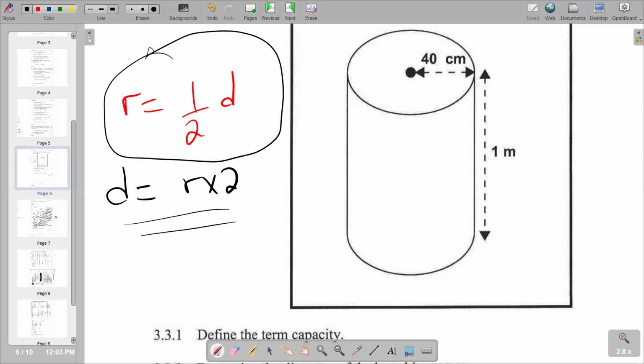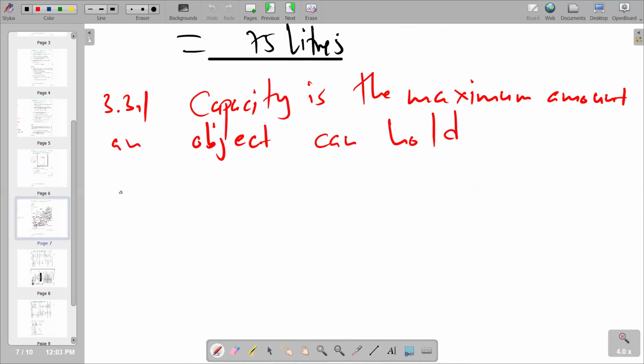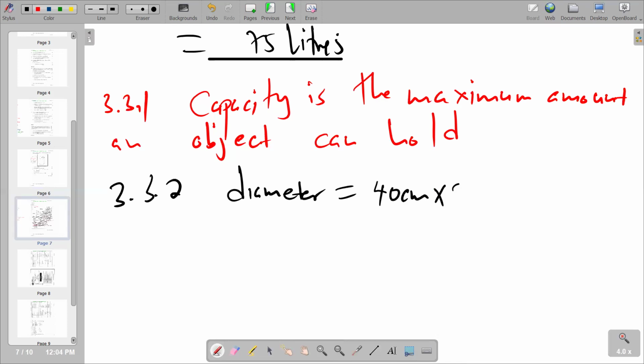So we are going to take it as 3.3.2, whereby we say diameter is equal to radius times 2, whereby we're saying 40 centimeters times 2.